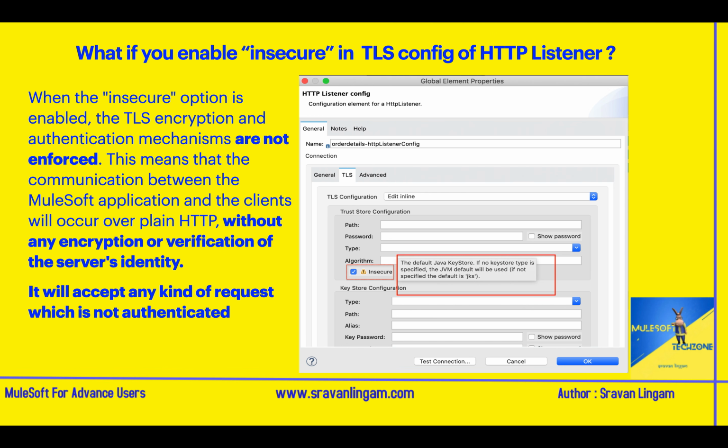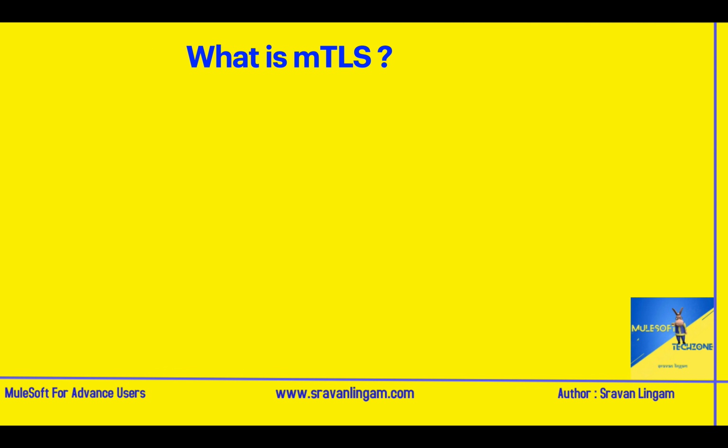This is also very important to know for interviews, or even from an examination point of view. As the title shows, what is mTLS? This is very simple. mTLS means mutual TLS.